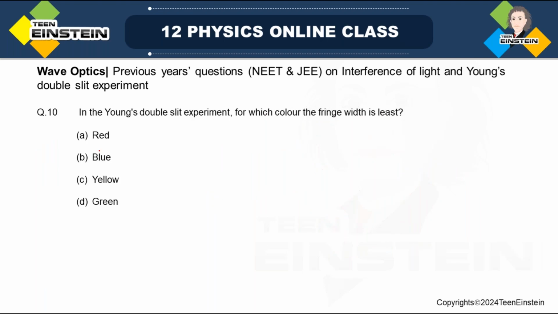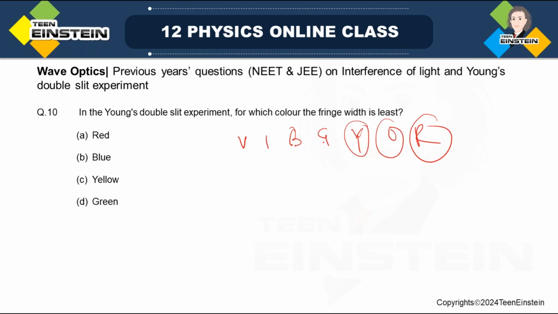Okay, so this is what we have already discussed. In Young's double slit experiment, for which color is the fringe width least? So as I said, the least will be, see, blue, red. Which one has greater wavelength? Greatest is this one, then this.